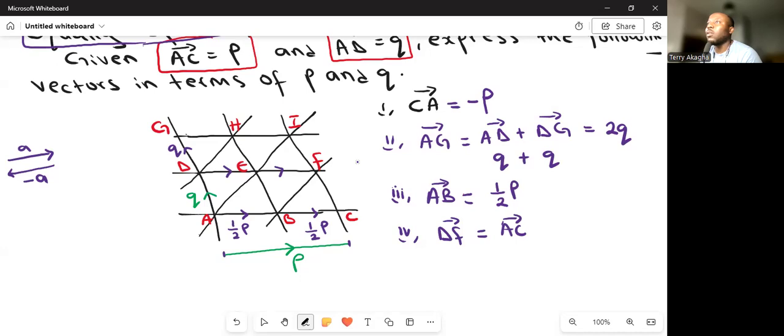So that means all the parts here are parallel to each other, and all these parts here are going to be parallel to what? Each other. So that means D to F is parallel to A to C, so therefore it's going to be the same thing as what? P. Okay? So when you go from D to F, it's parallel to A to C.